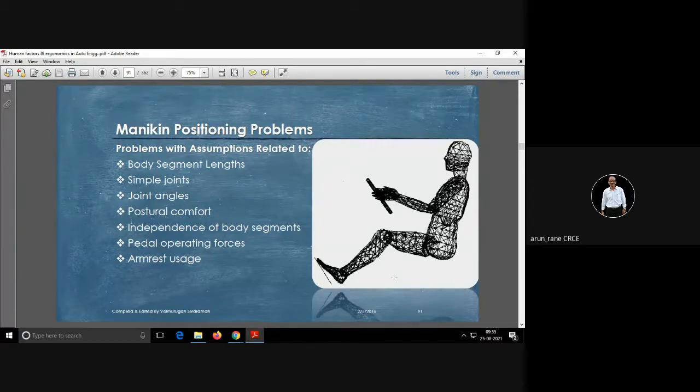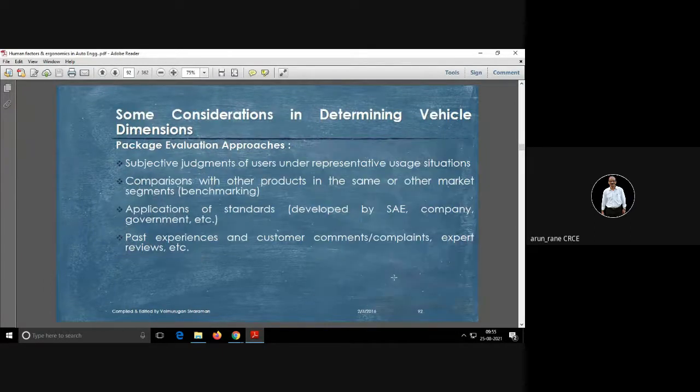Then you come to the wrist, then the elbow, and see in how many degrees of freedom it can move. So it's a wonderful robot. The more the joints, the more the complexity, and it will create more and more problems.